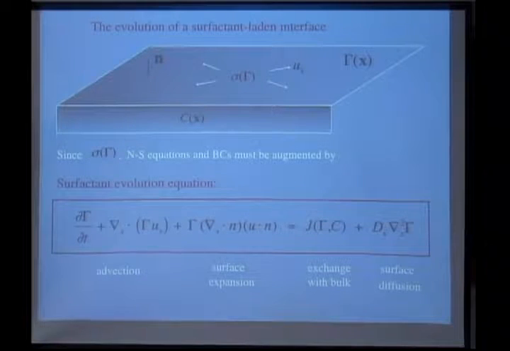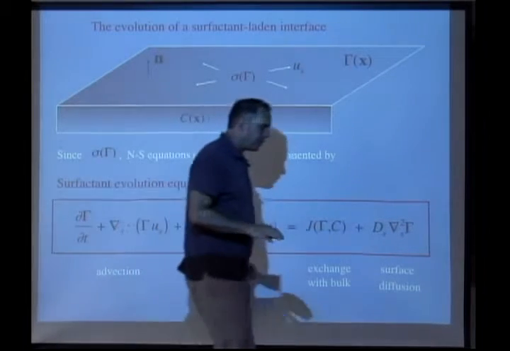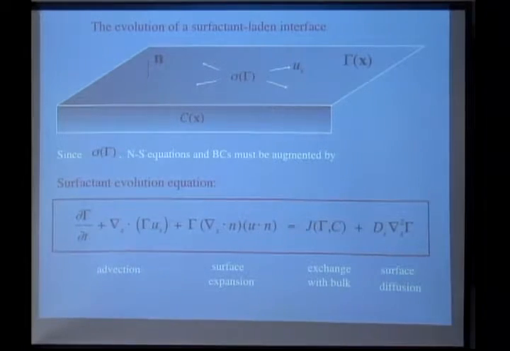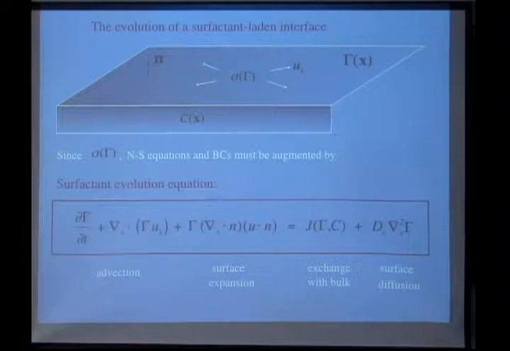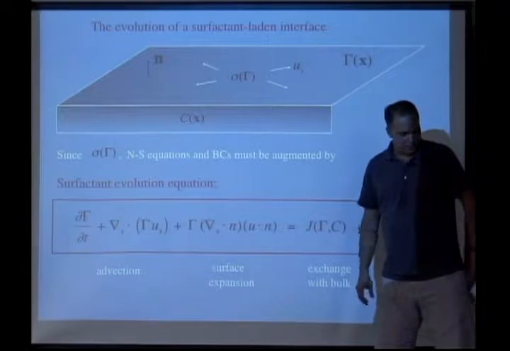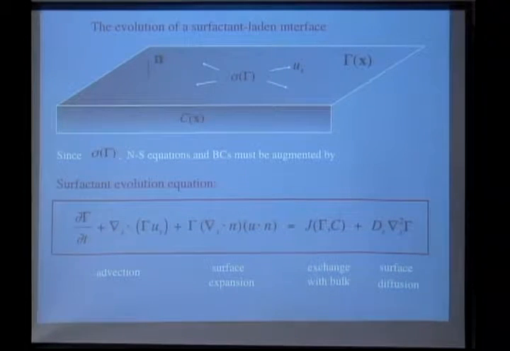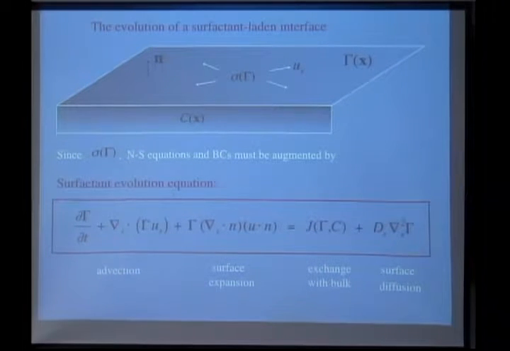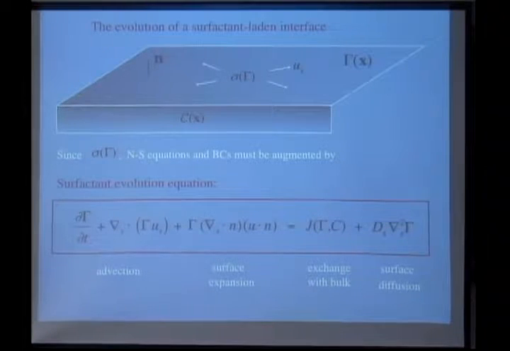So in addition to Navier-Stokes and the boundary conditions, we have to keep track of the surfactant concentration on the surface, and typically that depends, unless these guys are non-zero, it also depends on the flow within the bulk. So this is the equation for the evolution of surfactant along the surface.